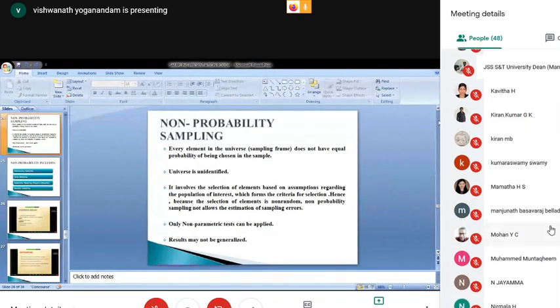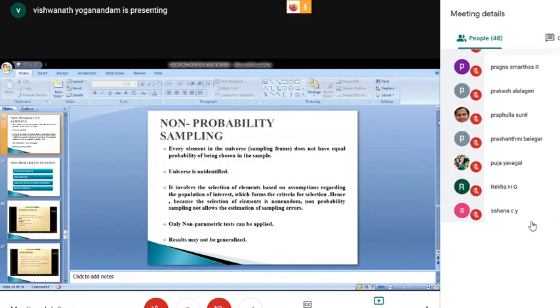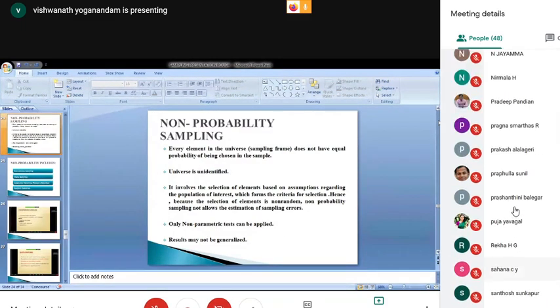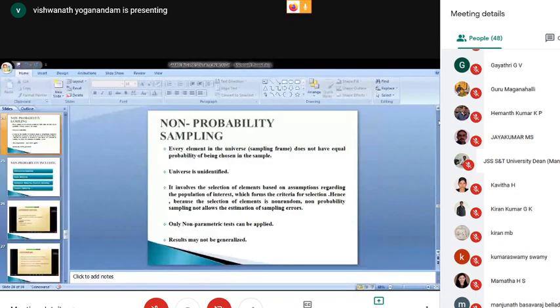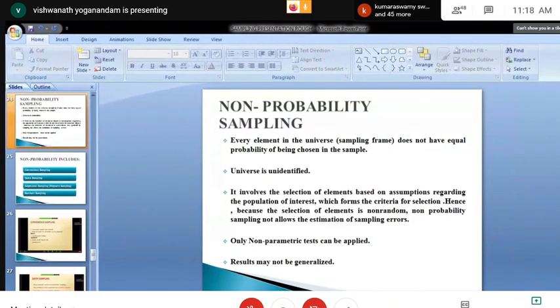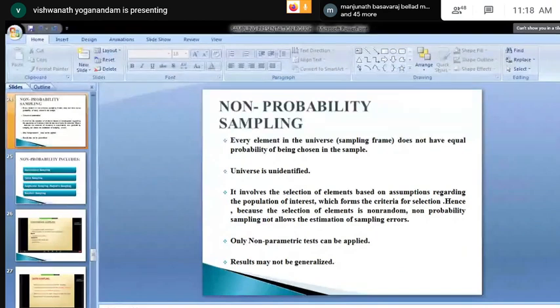And hence, because the selection of elements is non-random, non-probability sampling does not allow the estimate. You cannot measure the sampling error because you are not taking samples on a uniform basis. The samples are not uniform, so there is no question of sampling error. Then only non-parametric tests can be applied, and the results may not be generalized. Generalized in the sense that it is applicable only to the particular group you are doing the research on.